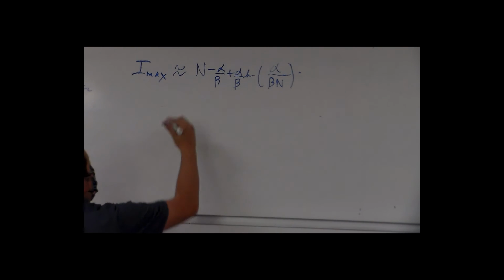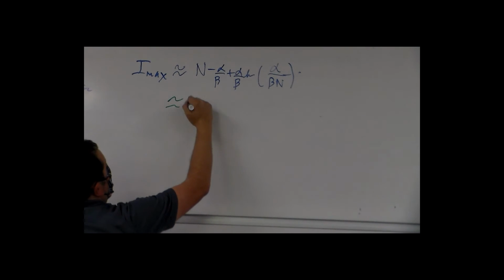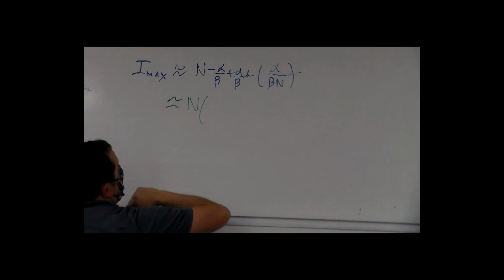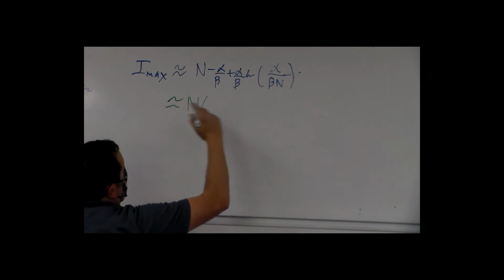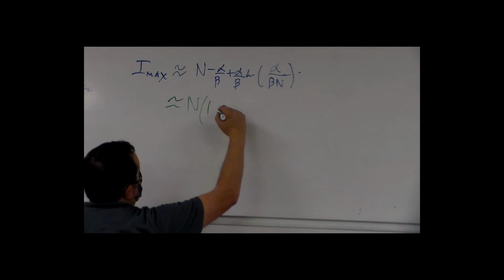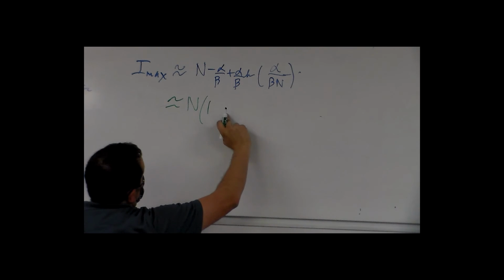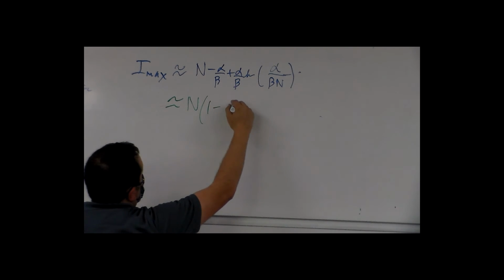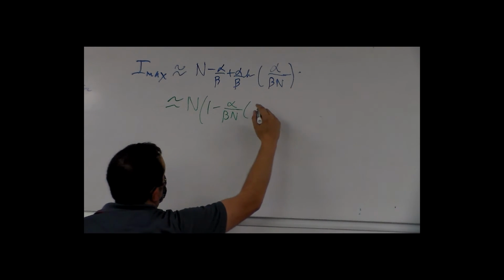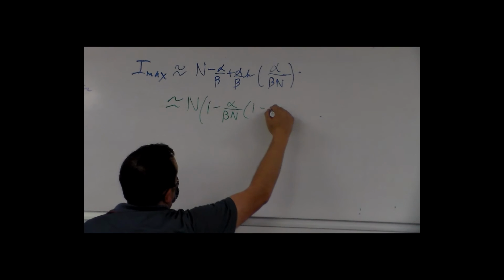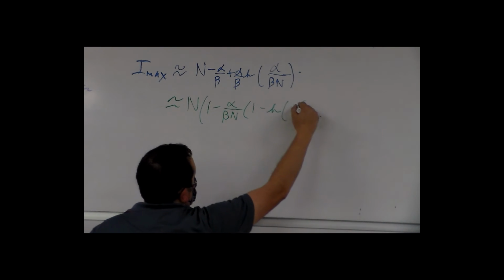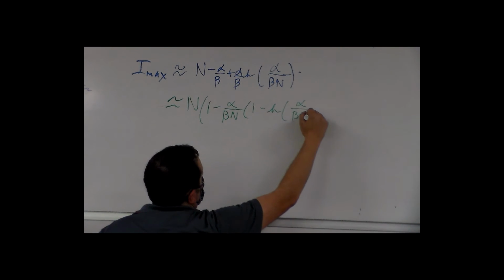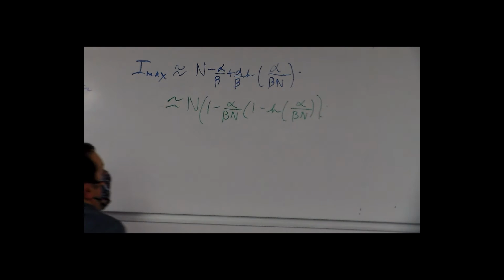Now I'm going to factor this N out and say this is N times 1, minus alpha over beta N times 1 minus log of alpha over beta N.